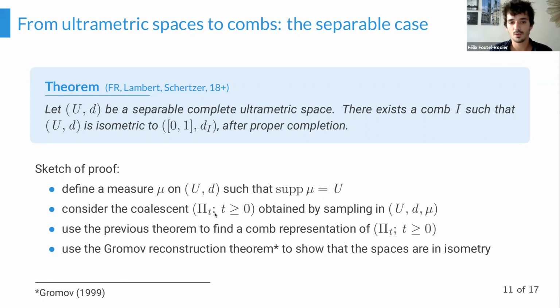And now, all we need to do is to use some kind of density argument to show that there is enough information in this coalescent to recover the whole structure of the ultrametric space UD. In our setting, we can use a result due to Gromov, often referred to as Gromov's reconstruction theorem, which directly gives us the isometry between the comb metric space and UD.